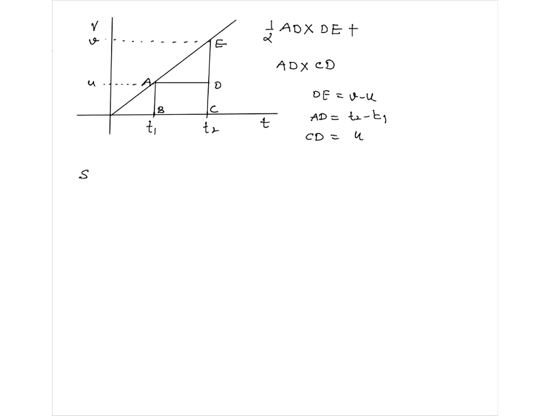So distance traveled is half times (V minus U) times (T2 minus T1), plus (T2 minus T1) into U. Any questions up to this point? Let me know.